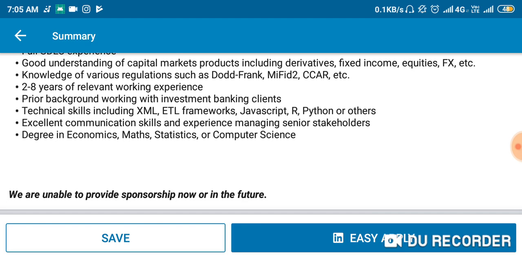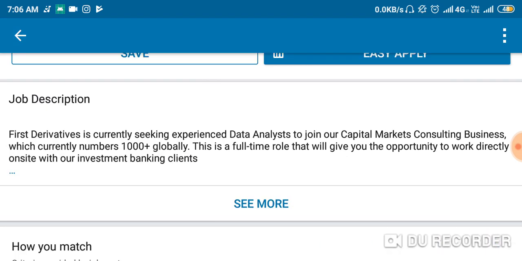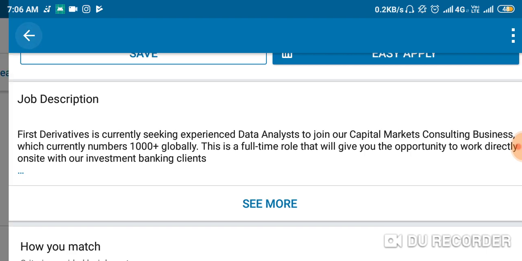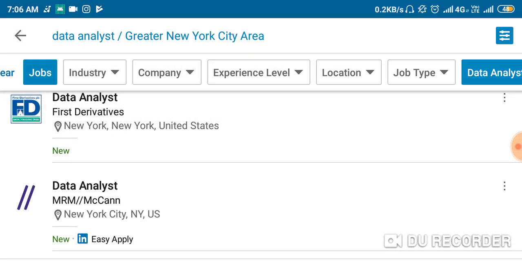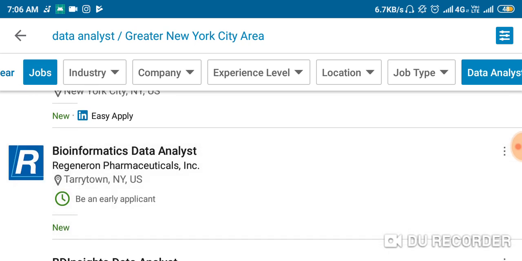Actually, this is not mentioning which type of degree, bachelor's, master's, doctoral, nothing. Just a degree in economics, maths, statistics, or computer science. So look, this is not so difficult. This is not requiring a lot of things.